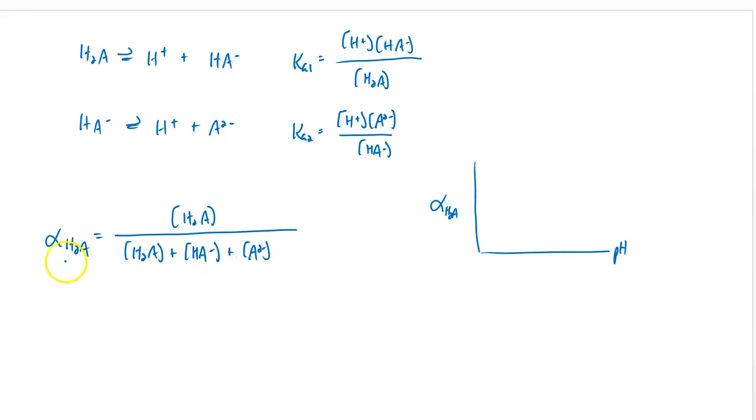So again, we want to express alpha in terms of H+. So looking at this equation, I see H2A upstairs and downstairs. Maybe it would help if I would express HA minus and A minus 2 in terms of H2A, because then H2A would cancel out. So what we're going to do first is express these two terms in terms of H2A.